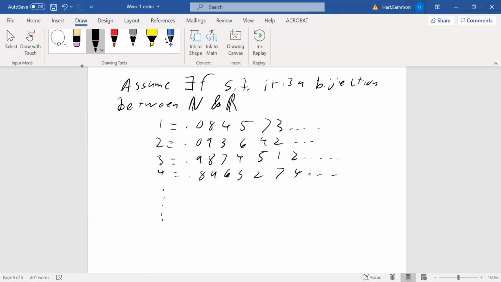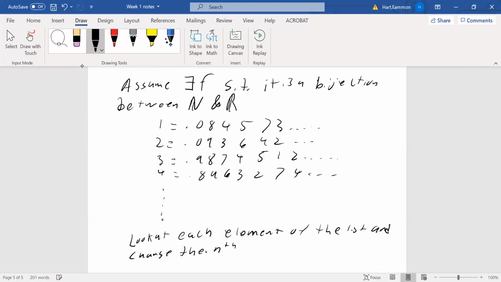And to do that, I'm going to say, look at each element of the list and change the nth element, or the nth digit, by adding 1, with 9 going to 0.